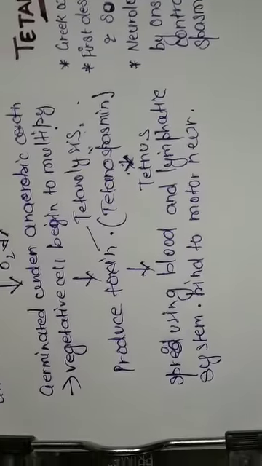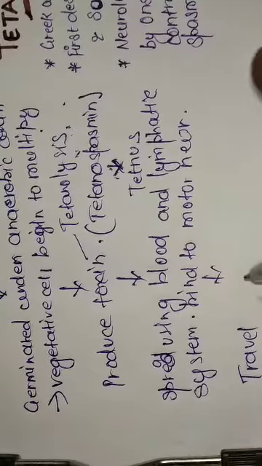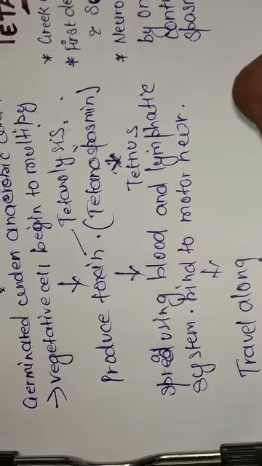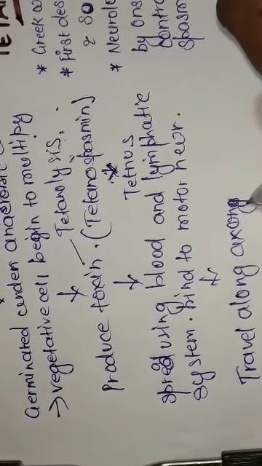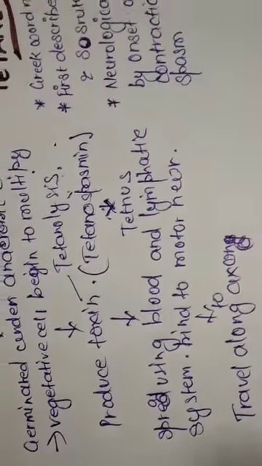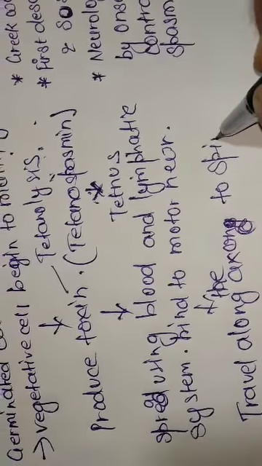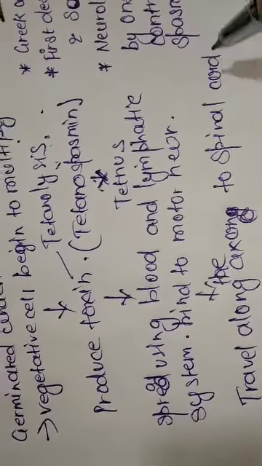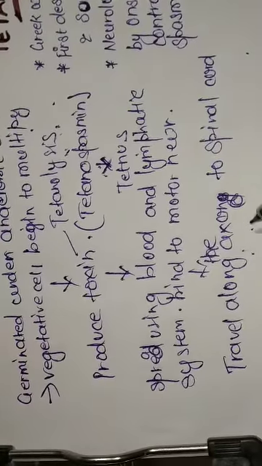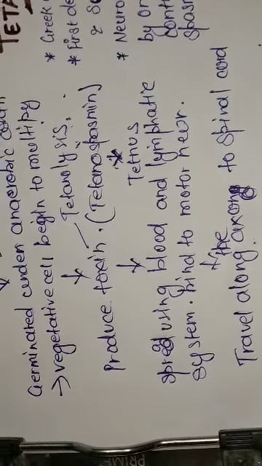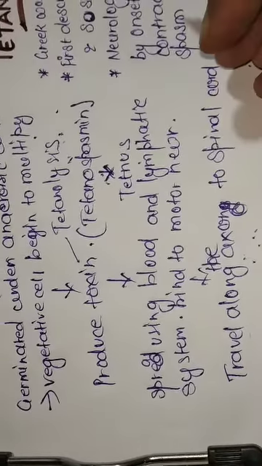Then it travels along the axon to the spinal cord, and then binds to the site where it causes inhibition of a neurotransmitter across the synaptic cleft, which is required to check the nerve impulse.